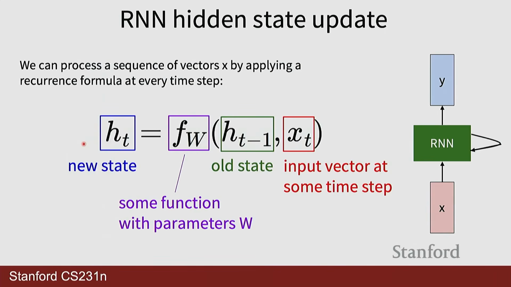So I've been speaking with words so far, so let's formulate this with mathematical equations now. The basic idea is we're trying to process the sequence of vectors X, and we're applying this recurrence formula at every single time step.